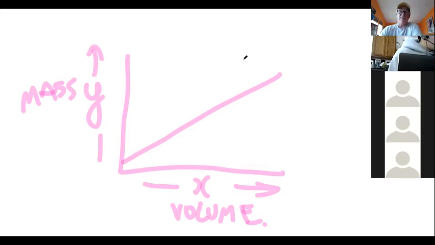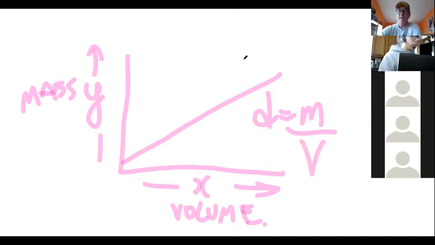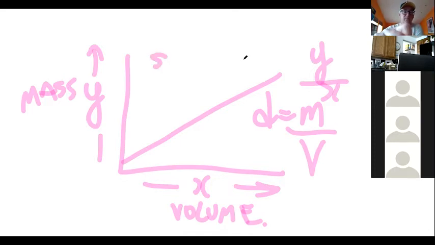Well, that's one reason, yes, the one Xiaohui said here. Since density is equal to the mass divided by the volume, we want to have the mass as y and the volume as x, because as we mentioned just a minute ago, the slope of the line is the change in y over the change in x.